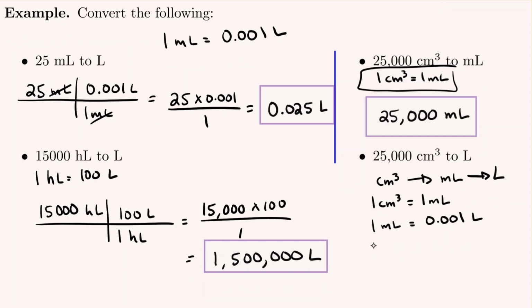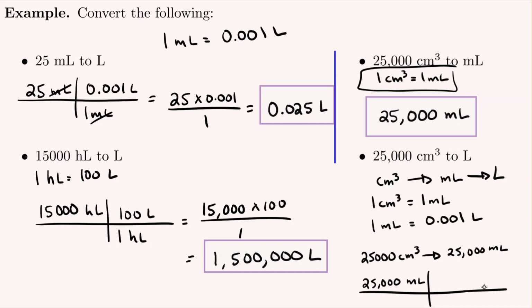So if we were to work through this with our conversion chart, we know 25,000 cubic centimeters. We already figured out from above that that is 25,000 milliliters, so that's our starting value. And then to go from 25,000 milliliters, convert that into liters.